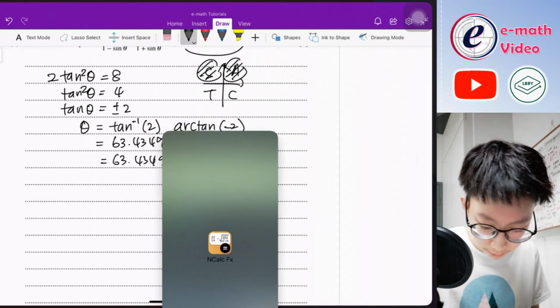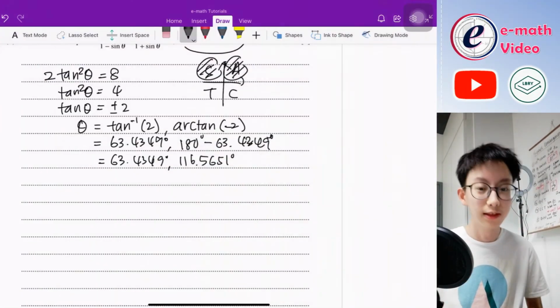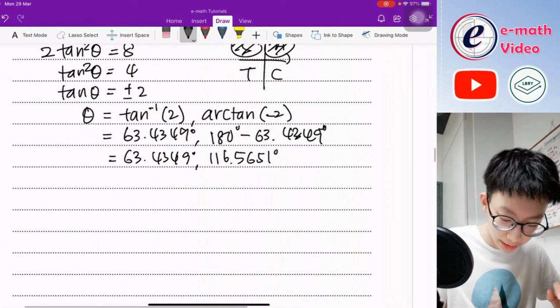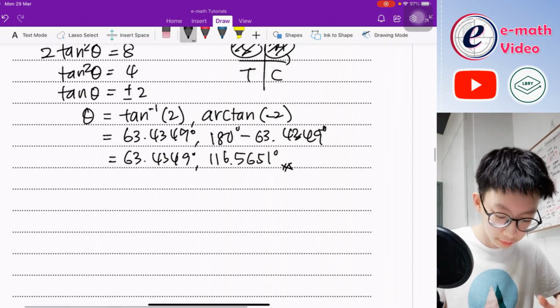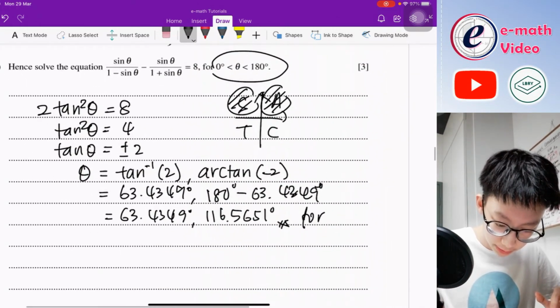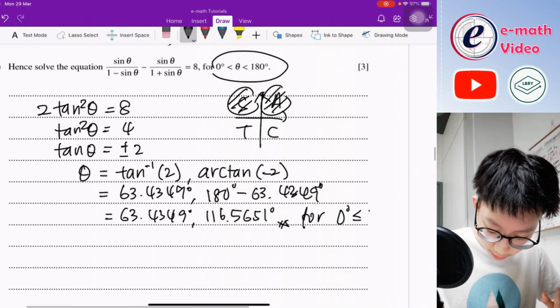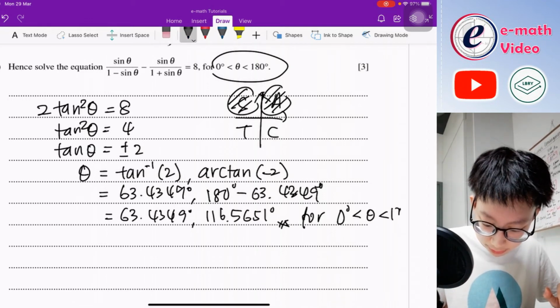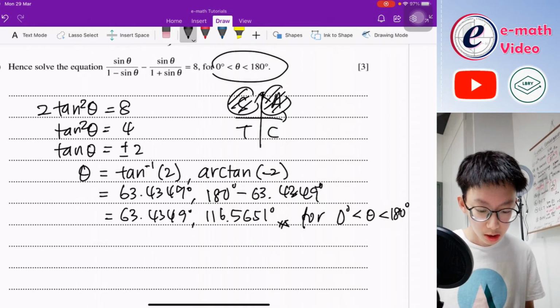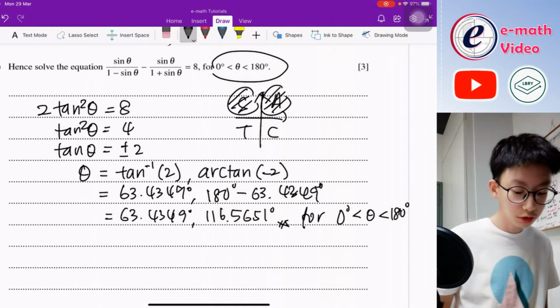I always accidentally press it, so I don't like to do that. And that's it, for theta in between 0, not including 0, and 180 degrees. So this is how you would do that.